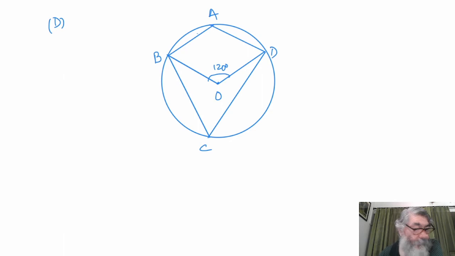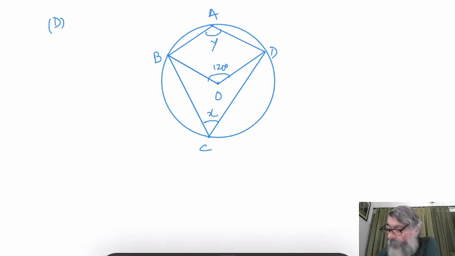And this angle is Y, this angle is X. We have to find Y and X. Let me make them in different colors. Y in red, and this in black.